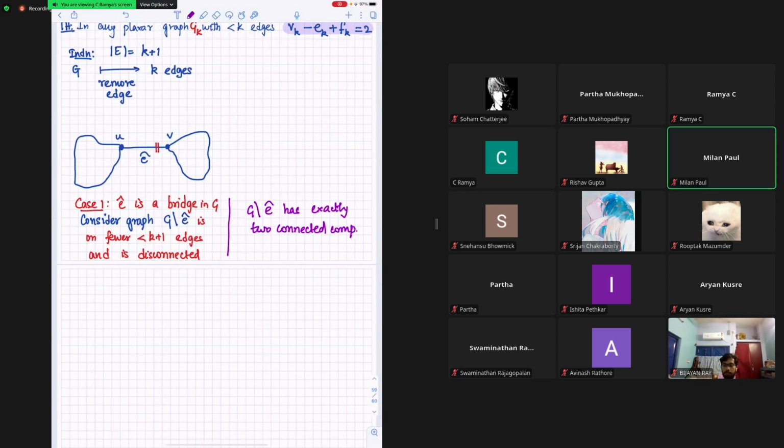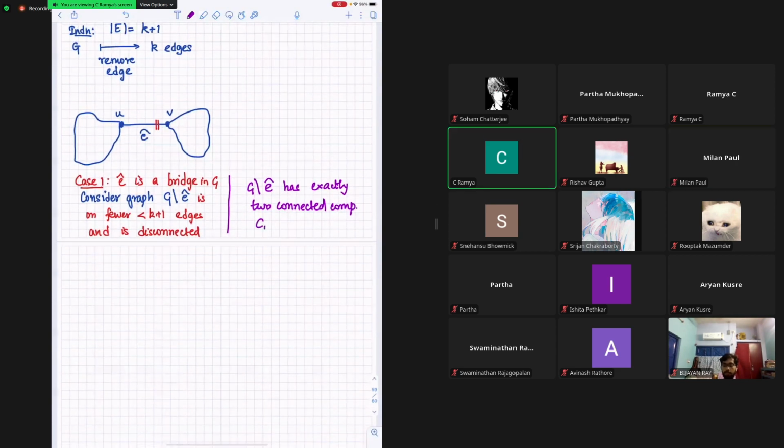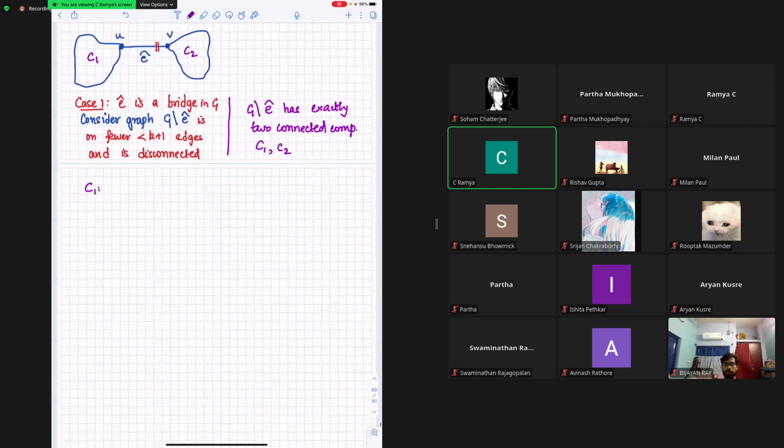Yes, ma'am. So let's call these two components C1, C2. So this is my C1 and this is my C2. What do I know about C1 and C2? They both have fewer edges, so I can use the inductive hypothesis. Let's say C1 has V1 vertices, E1 edges, and F1 faces.